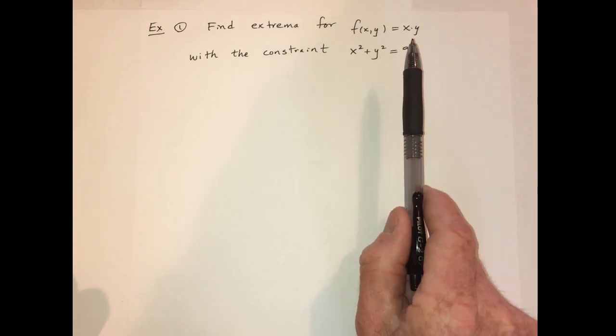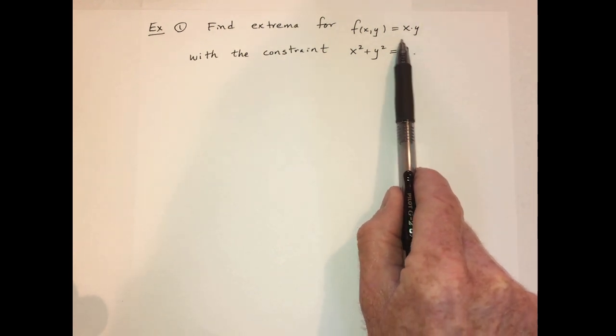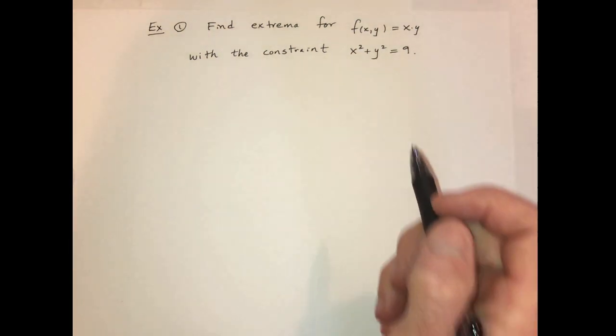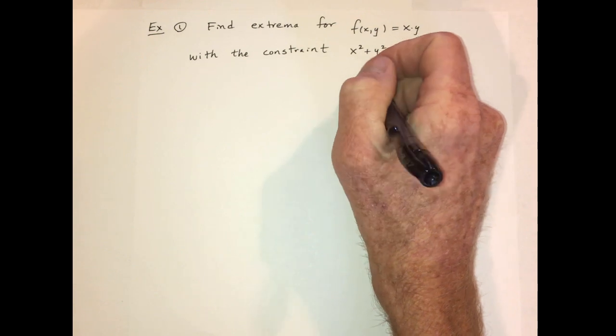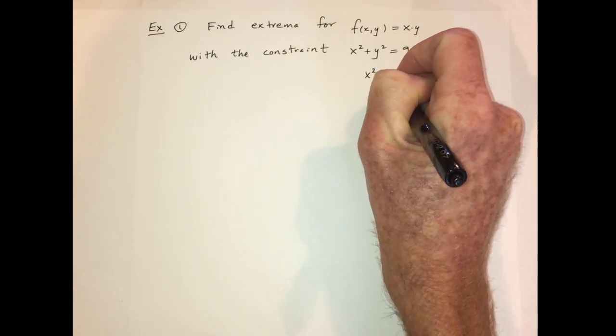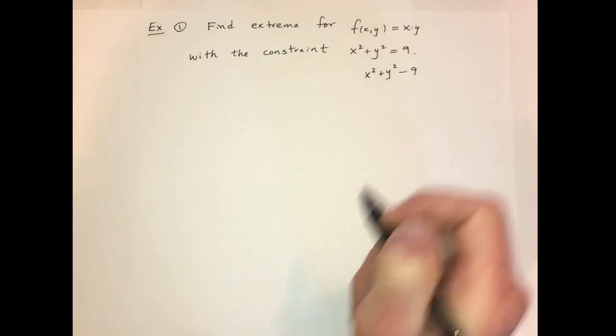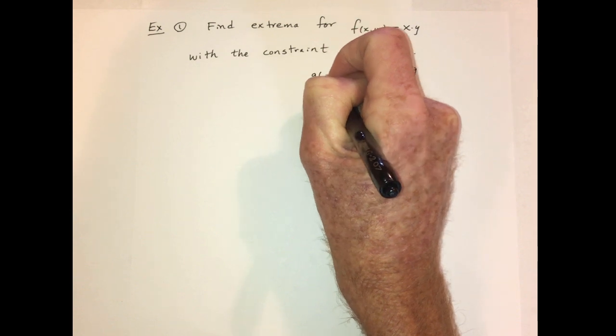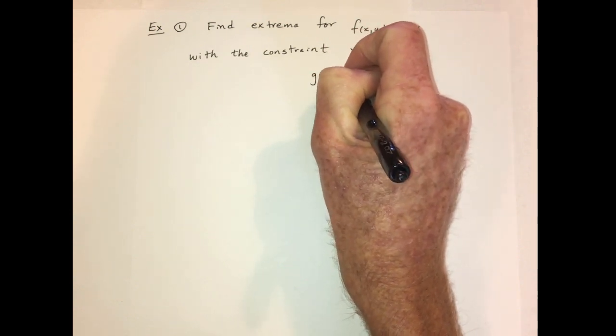This is supposed to be set equal to 0, so you could have x squared plus y squared minus 9 equals 0. Once it's set equal to 0, that's what you call the g function, the constraint.